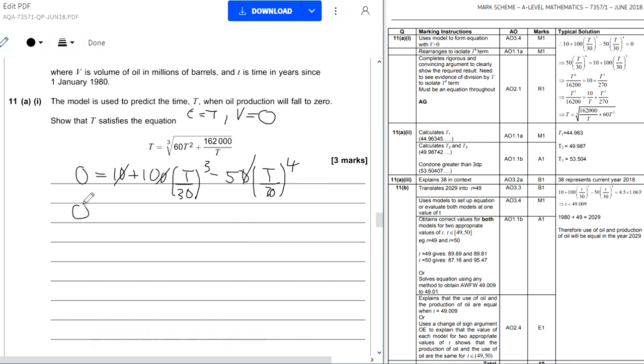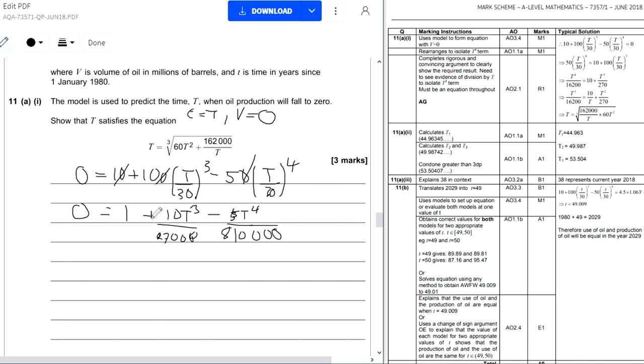So expanding that, we get 0 equals 1 plus 10T squared, and so on. Now, if I'm looking to put it into this form, there's only T's here, so I've got to somehow get a constant here to become something in terms of T. The only way I can do that is if I divide by T or times by T. If I times by T, I'm going to get T plus T4, T5, and there are no T4s or T5s here.